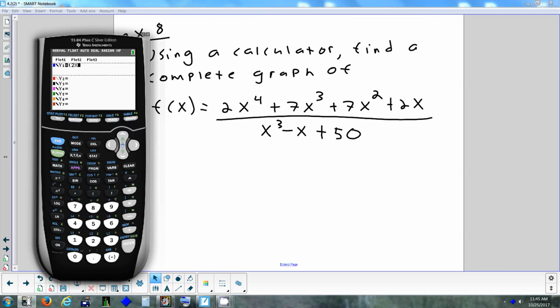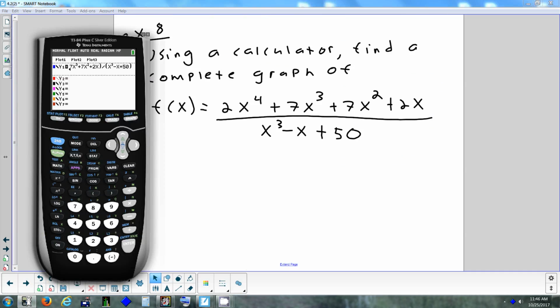So you've got 2x to the 4th plus 7x cubed plus 7x squared plus 2x, divided by x cubed minus x plus 50.